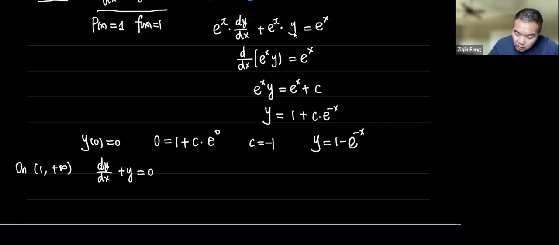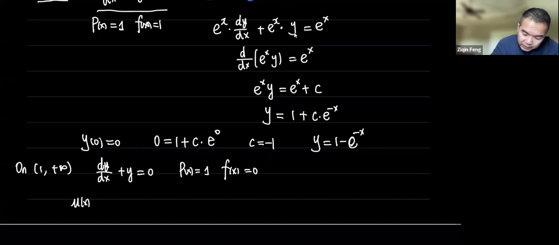In this case, our p of x is still 1, but f of x is 0. So we get our multiplying factor, same thing, because p doesn't change. So mu of x is still e to x. You get e to x dy over dx plus e to x times y equal to 0.